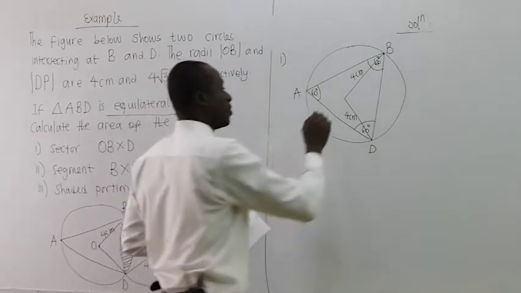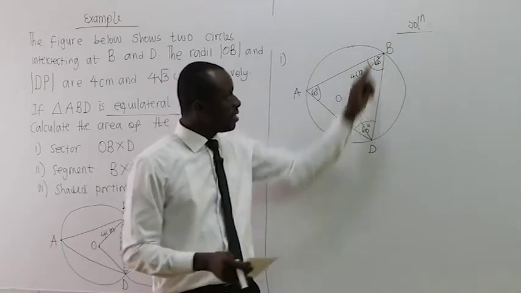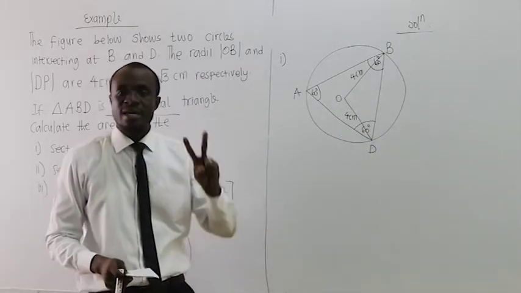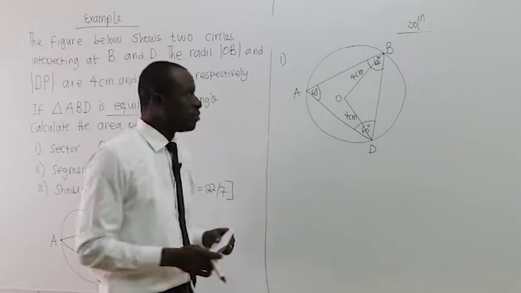Now, we know this is O. BD or DB is a chord. The angle a chord subtends at the center is twice the angle that it subtends at the circumference.